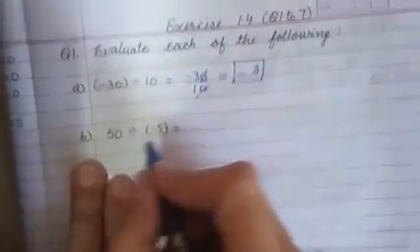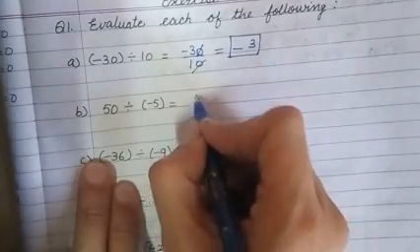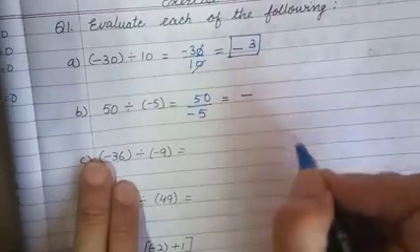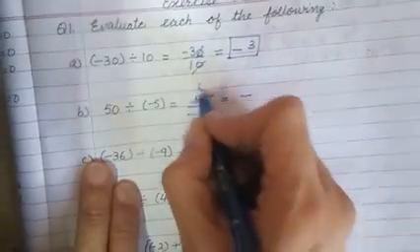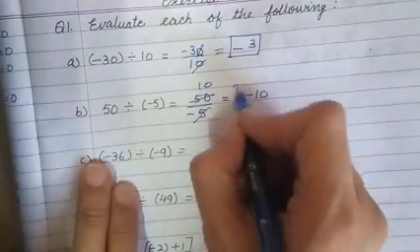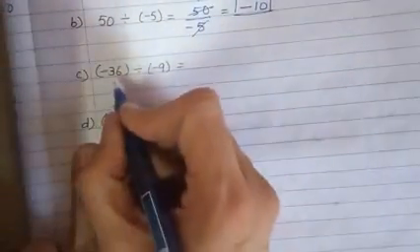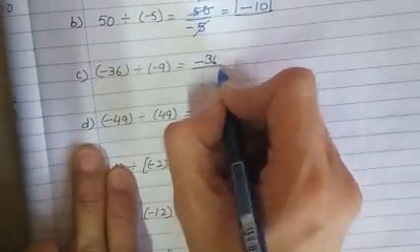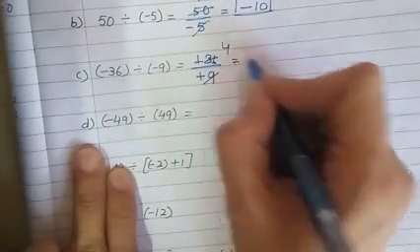Now here 50 divided by minus 5. So here 50 upon negative 5, different signs, so the quotient will be negative, put minus sign, and after cancellation we are getting 10. Negative 10 is the answer. Here negative 36 divided by negative 9, minus 36 upon minus 9, minus minus is plus, cancel, it is 4.